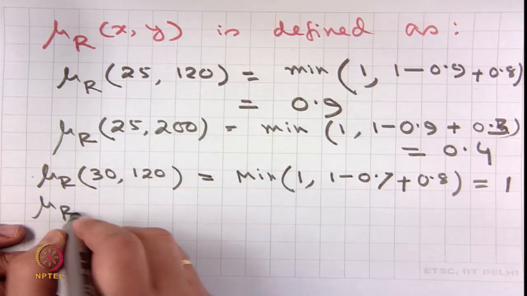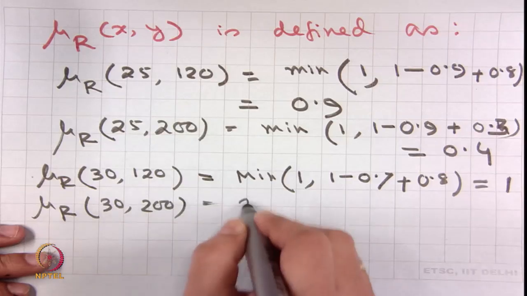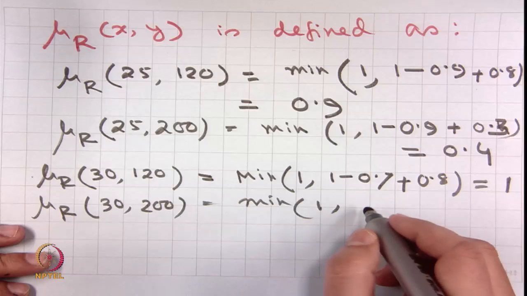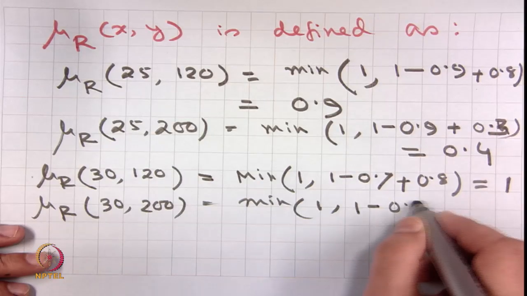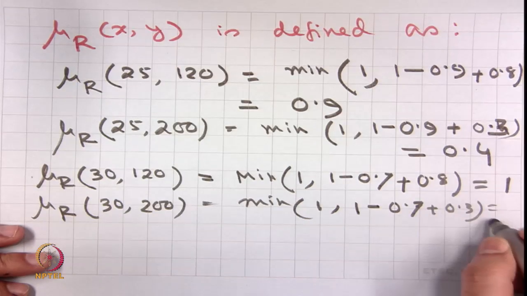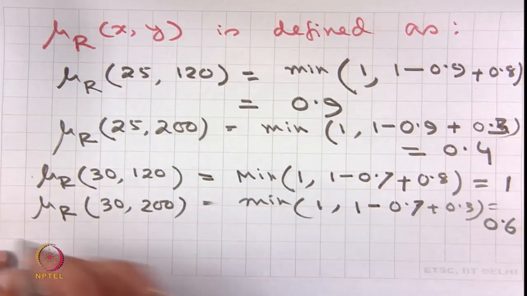Mu R of 30 comma 200 is equal to minimum of 1 and 1 minus 0.7 plus 0.3, which is equal to 0.6.